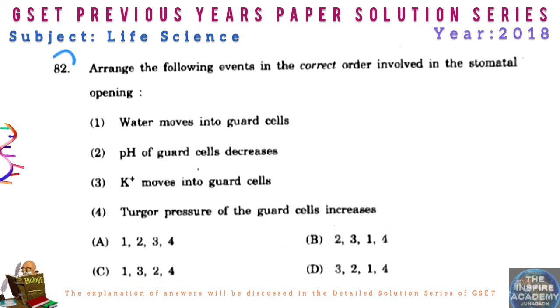Question number 82. Arrange the following events in the correct order involved in the stomatal opening. And the correct order will be 2, pH of guard cells decreases, then 3, potassium ion moves into guard cells, then 1, water moves into guard cells, and lastly turgor pressure of the guard cells increases. So option B is correct.